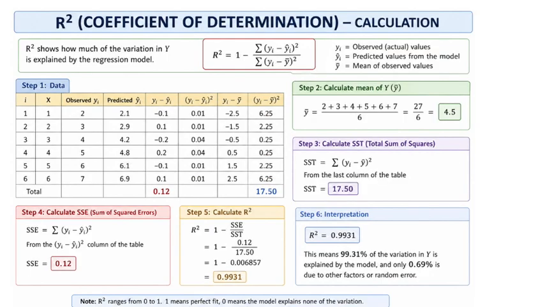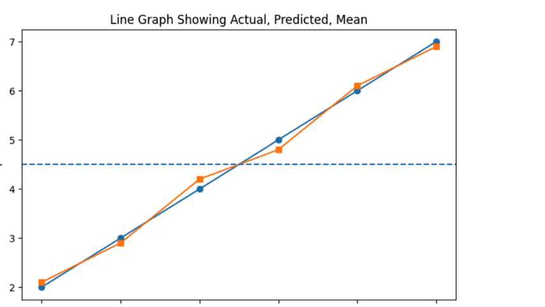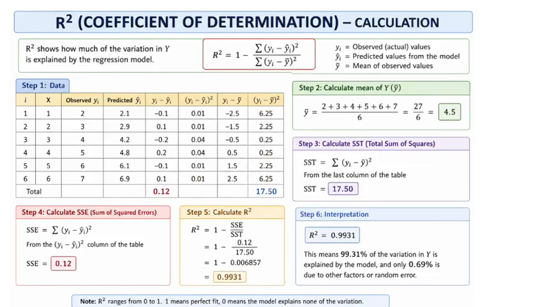Let's look at the data of this particular regression model. The values of the x variable are 1, 2, 3, 4, 5, 6, and the observed values of y are 2, 3, 4, 5, 6, 7. In this graph, the blue line shows the predicted y values, and the orange line indicates the actual values of the y variable, which we can also call observed y values.